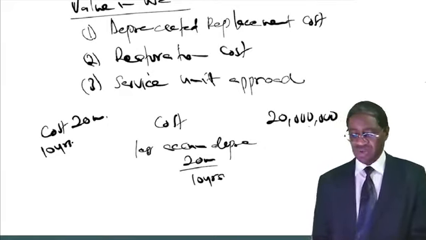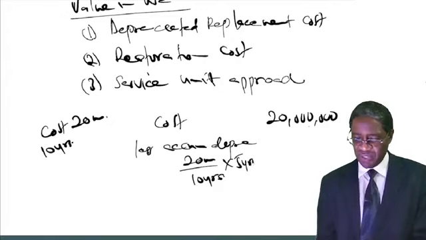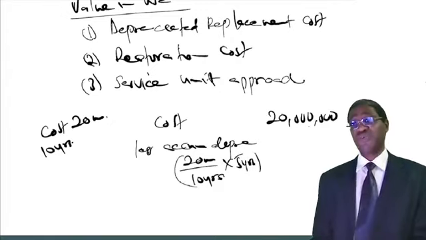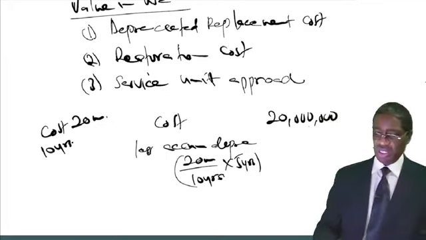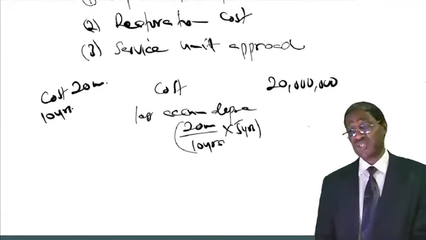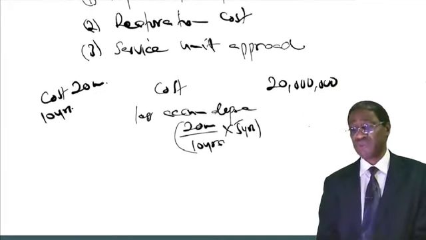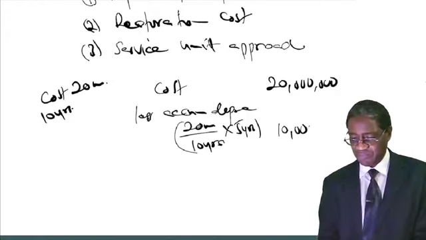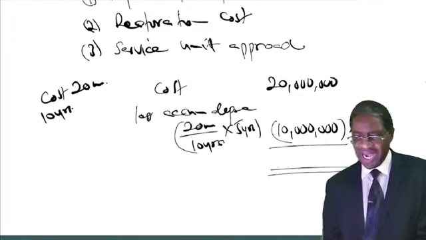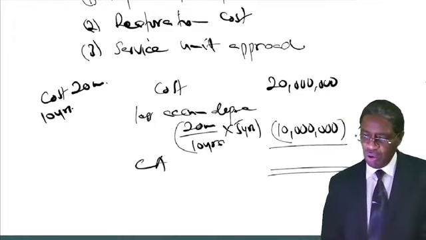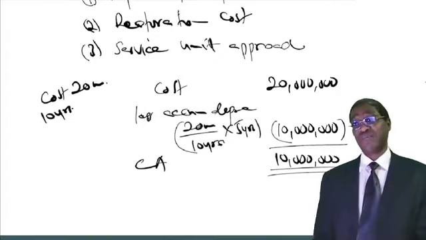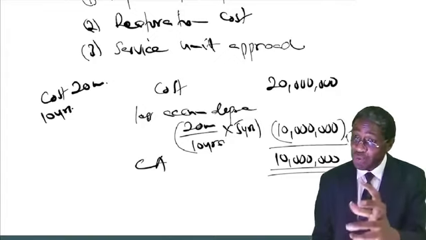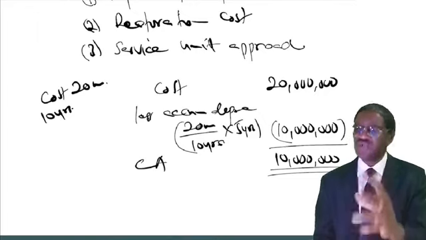For 5 years, the accumulated depreciation is 2 times 5, that's 10 million. So by the time I'm testing for impairment, my asset has a carrying amount of another 10 million. So we want to compute now the value in use.